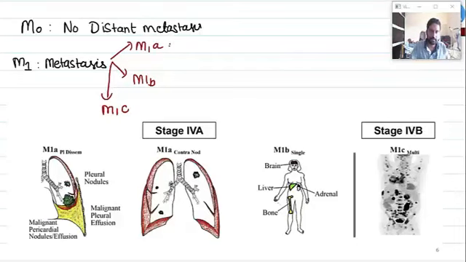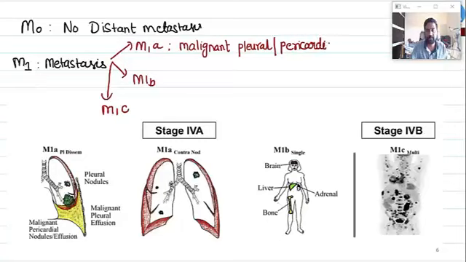M1A is when the patient is having either malignant pleural or pericardial effusions or nodules.